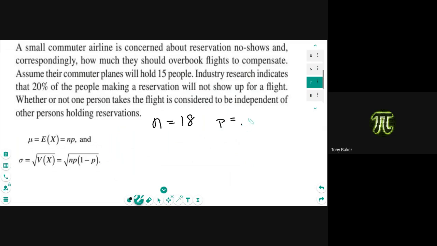So my P is 0.80. So my mean is 18 times 0.80, which is what? It's 14.4.